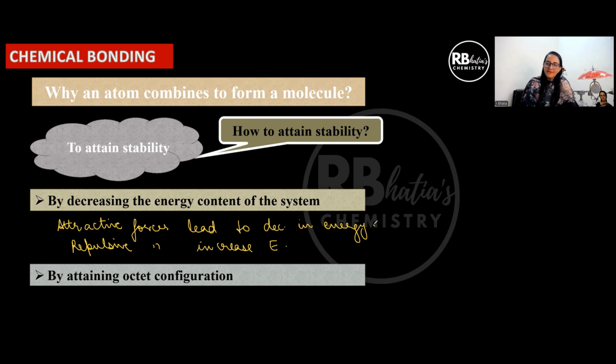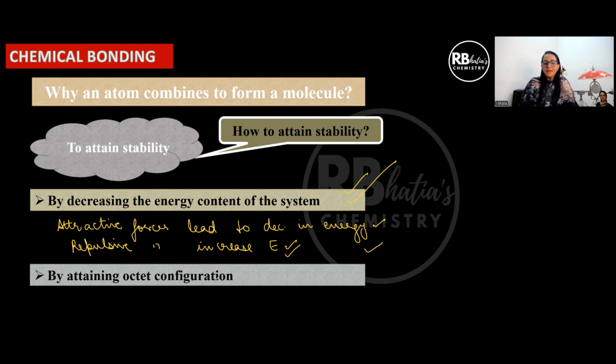And this is applicable in everyday life also. Attractive forces, friendships, give you peace, support system, low energy, stability. Whereas repulsive forces like enmity, jealousy, envy, any such kind of negative emotion makes you restless, unstable, and increases your energy, right? So this is basically a life lesson that even atoms use.